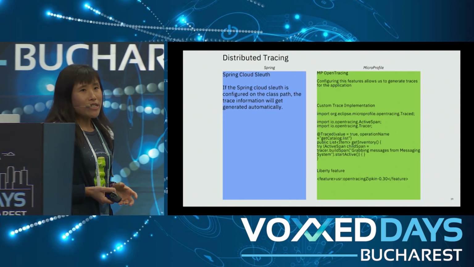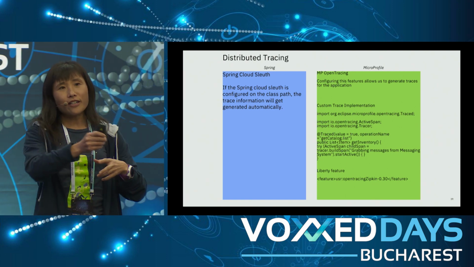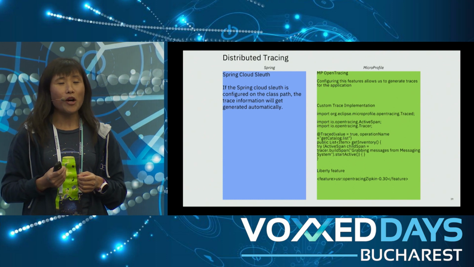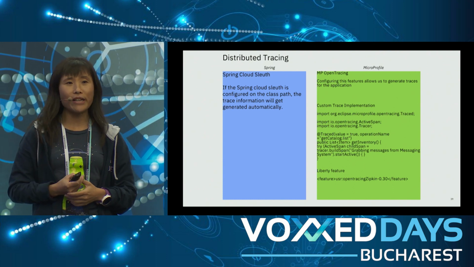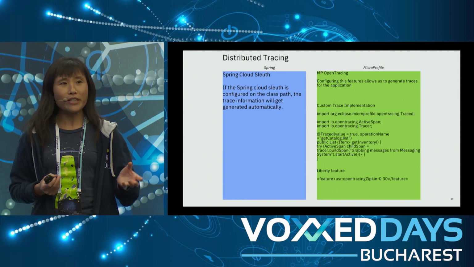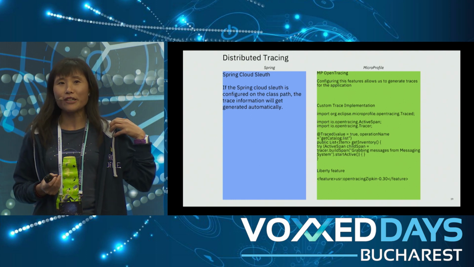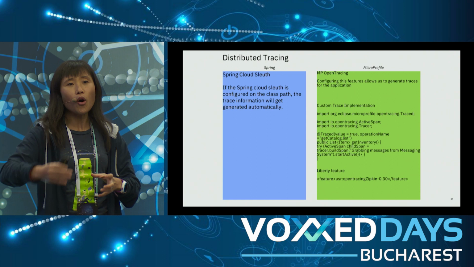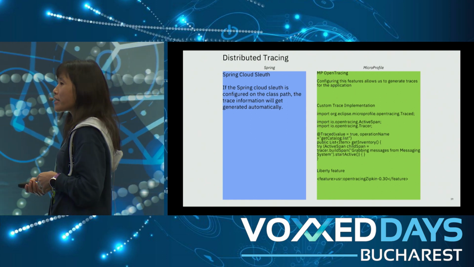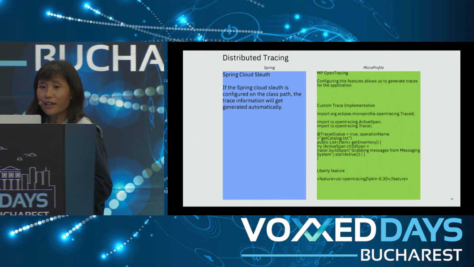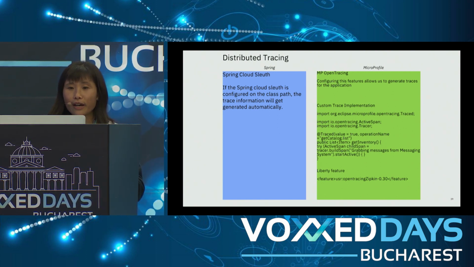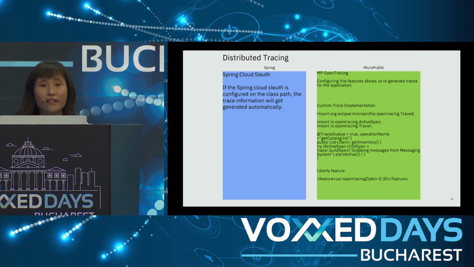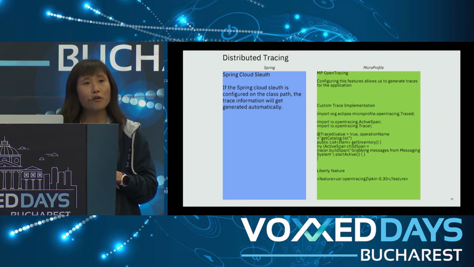Okay, so earlier I mentioned microservices will communicate with each other. Maybe all of us are microservices, and we all come together to build a whole application. This is like a spider web. You have no clue, with one request, where the end is. So you need to correlate the hops together. That's why you need OpenTracing. In Spring, you configure it on the classpath. In MicroProfile, you use OpenTracing.